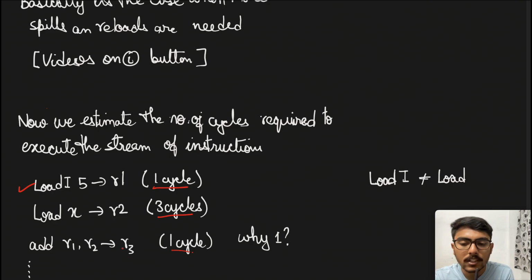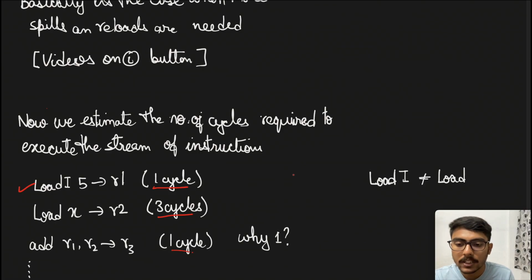Why do you think that it takes 1 cycle? I need you guys to think about it and write your answers in the comment section if possible. This is because registers are basically the fastest storage in a computer architecture, right?